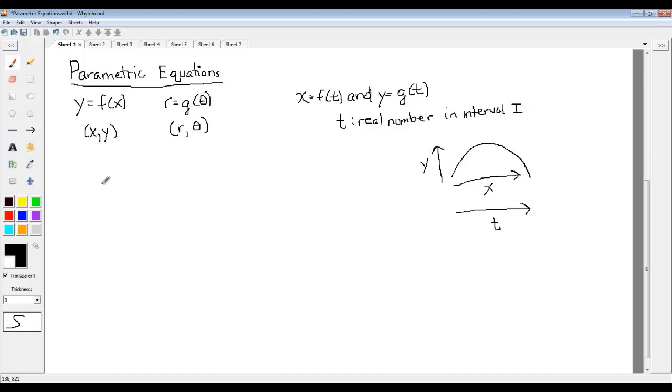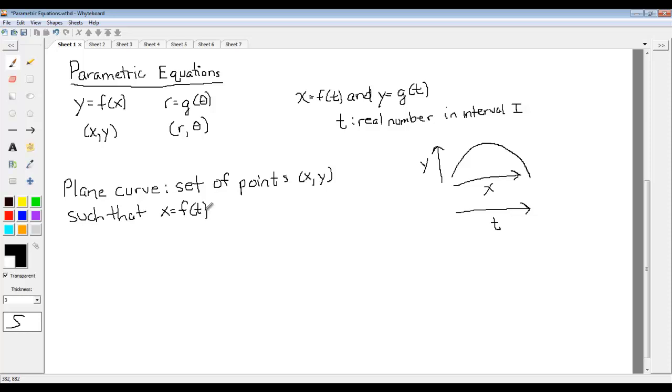So a plane curve is a set of points x, y such that x equals f of t, y equals g of t, and f and g are found in the interval I. So the x equals f of t and y equals g of t are parametric equations with parameter t.